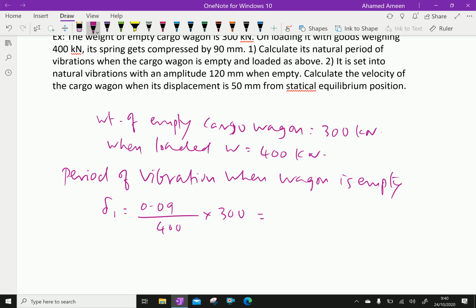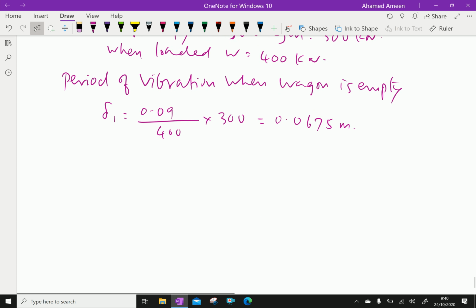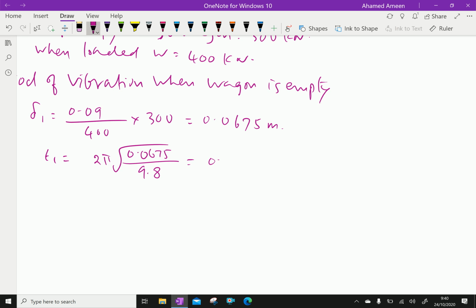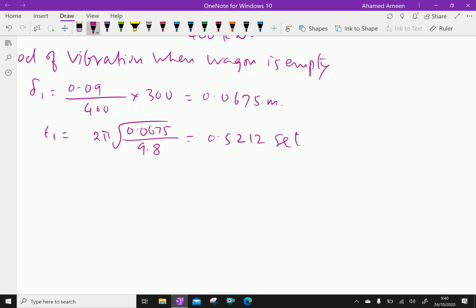So which gives 0.0675 meter. Next, time period T1 at this condition, that is 2 pi square root of 0.0675 over g 9.8, which gives 0.5212 seconds, T1.